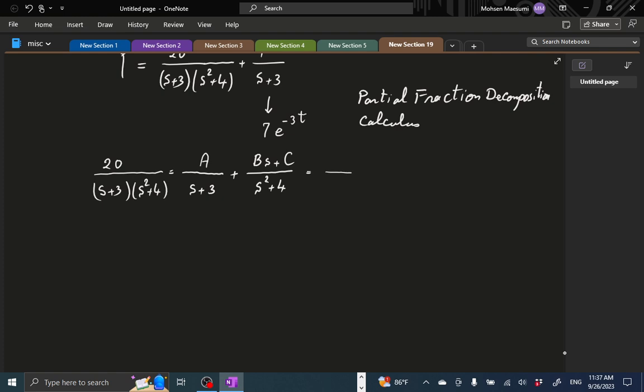If I were to add these two fractions, what would I have done? I would have taken a common denominator and then multiplied these two. So A times s squared plus 4, plus this times that, so s plus 3, the denominator of the first, times the numerator of the second.